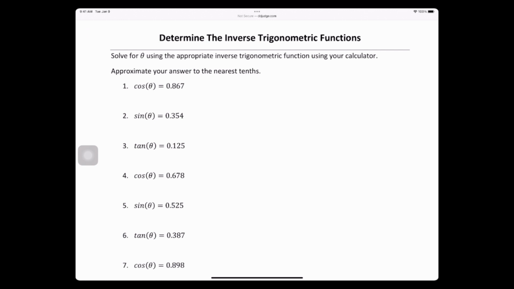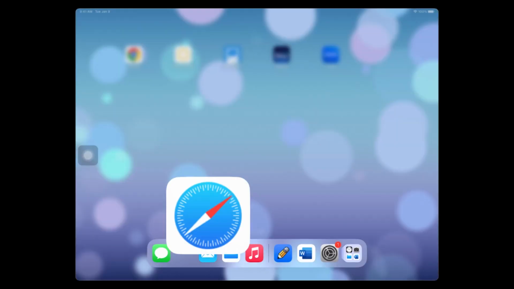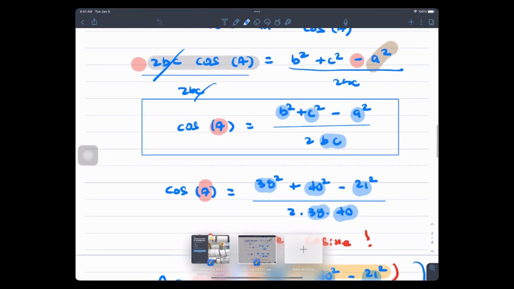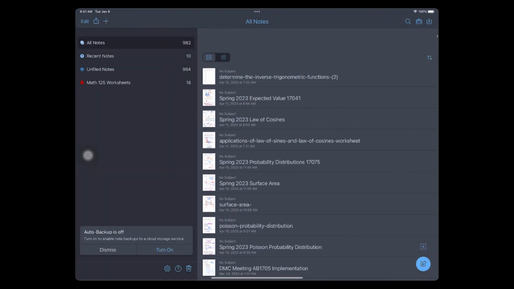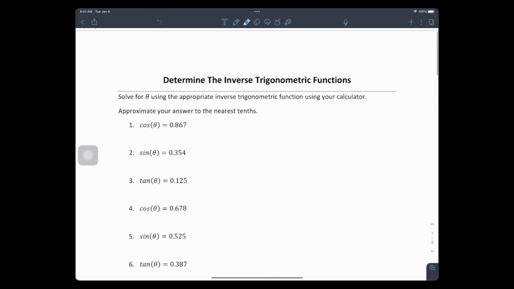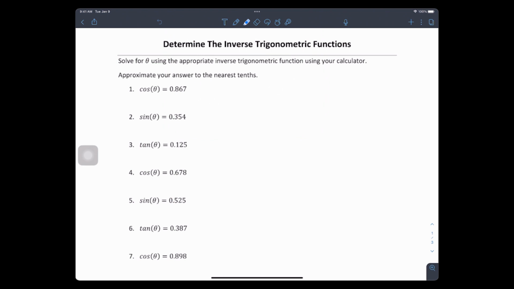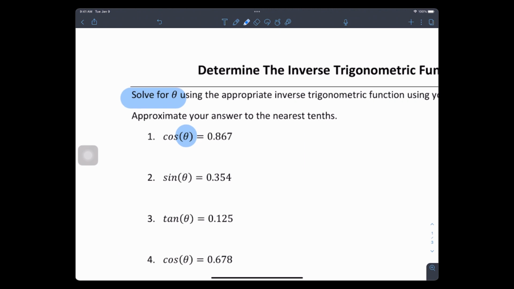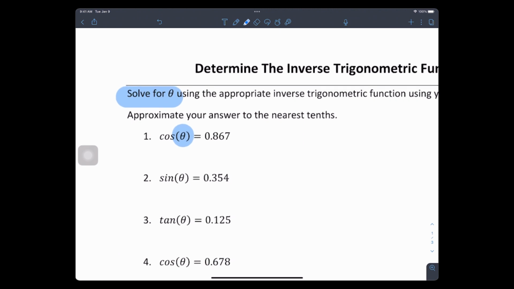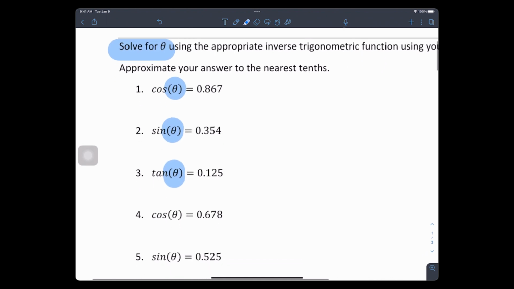You're going to solve for theta. In every one of these here, you solve for the angle.